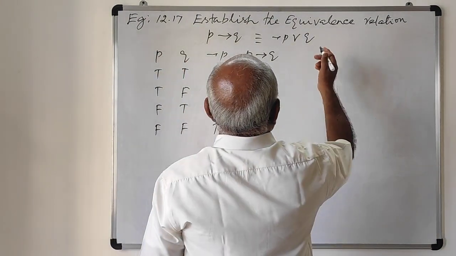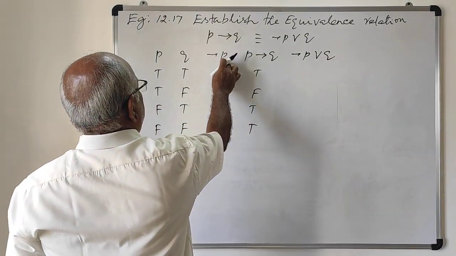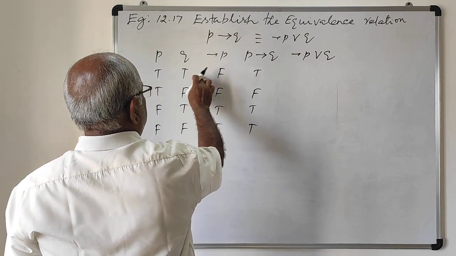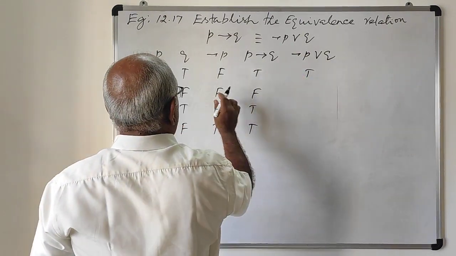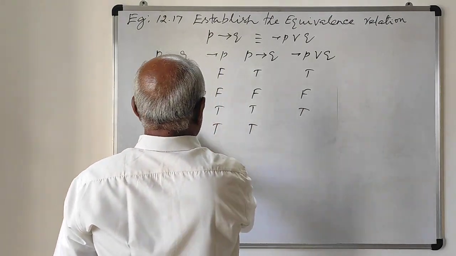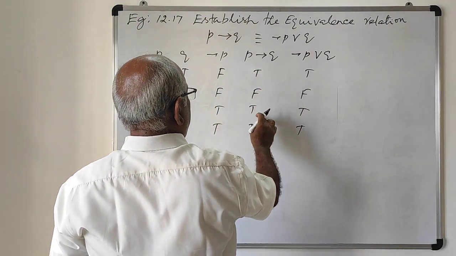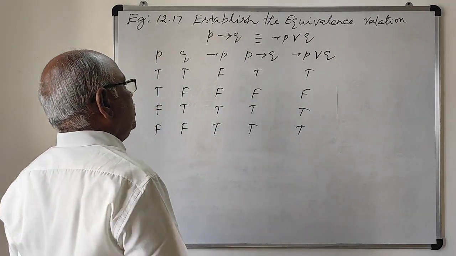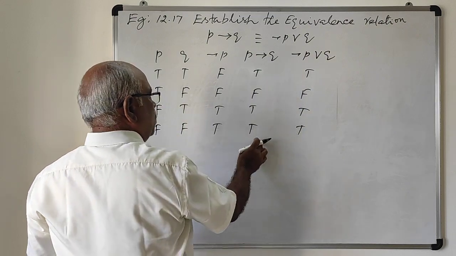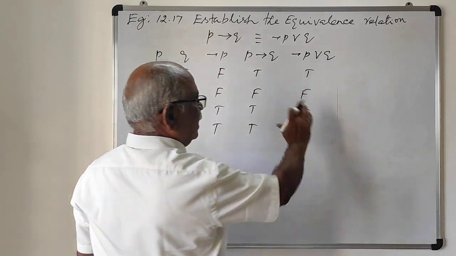Next, right hand side, negation P disjunction Q. For these two, second and third column, disjunction, anyone is T, the truth value is T. If both are F, truth value is F. Both are T, truth value is T. Anyone of T, truth value is T. See, T, F, T, T. So the truth values of the column P condition Q and the entries in the column negation P disjunction Q are identical.